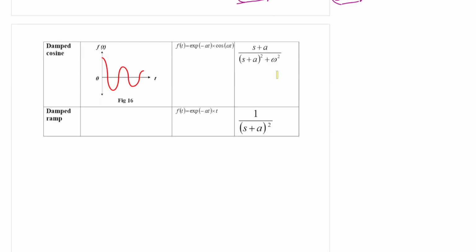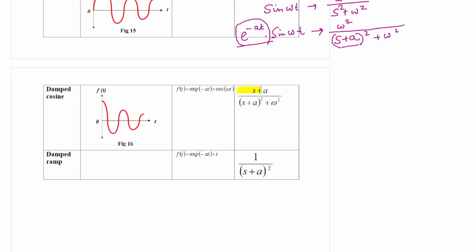Similarly, we have similar equations for a damped cosine. If it is contaminated with a decaying exponent, it is called damped cosine or damped sine, whatever it may be. For a cosine wave, its Laplace transform will be s by s square plus omega square.